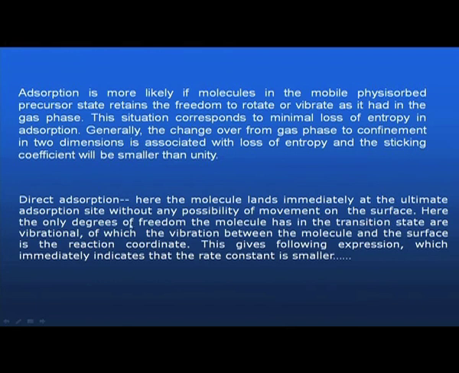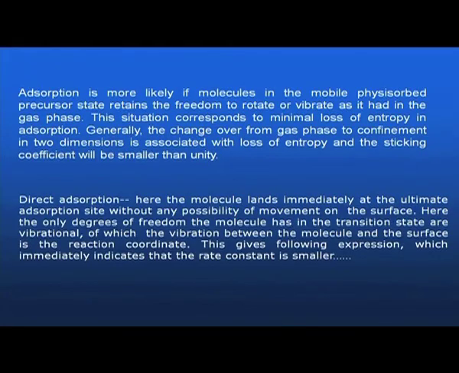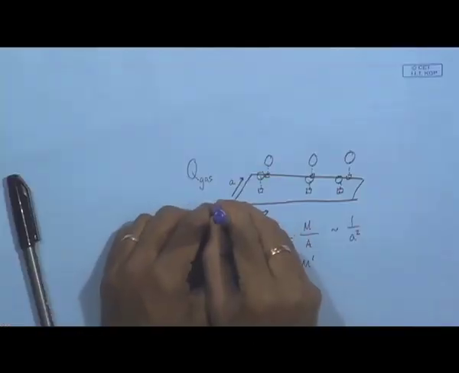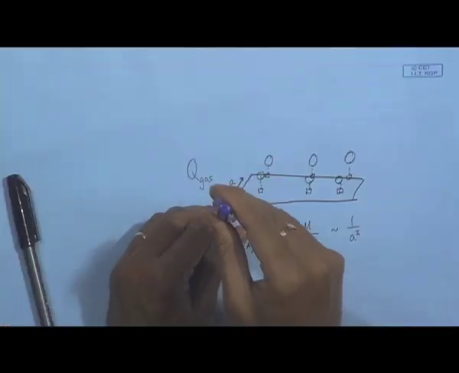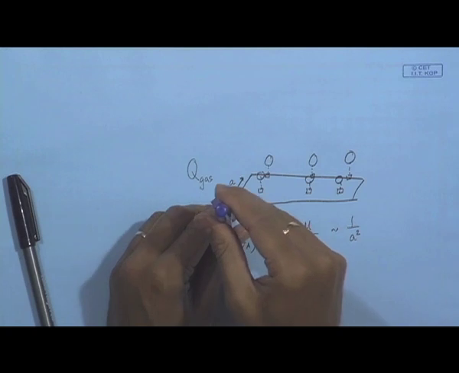Here the only degrees of freedom that the molecule has in the transition state are vibrational. This is the only mode, that is the vibration. This is the reaction coordinate, it is vibrating. Once it is adsorbed, it will not move this way, that way, or whatever.